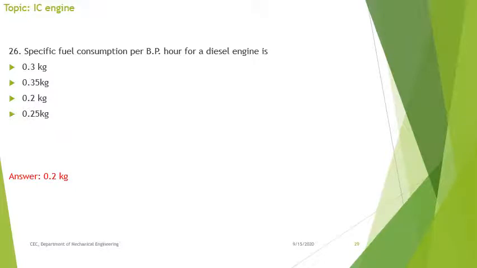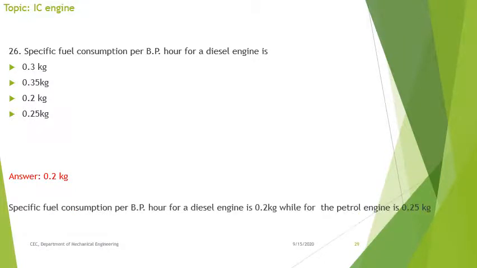Answer for this one is 0.2 kg. Specific fuel consumption per brake power hour for a diesel engine is 0.2 kg, while for the petrol engine is 0.25 kg.